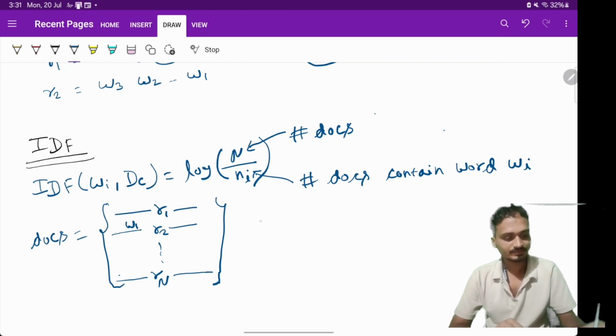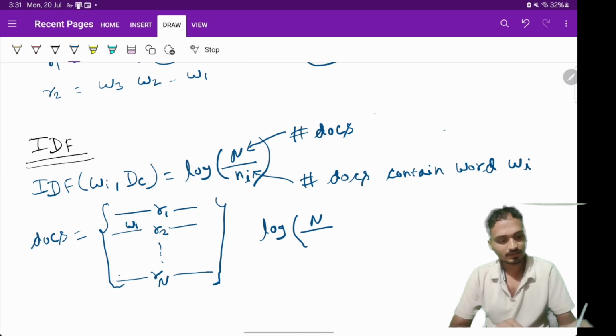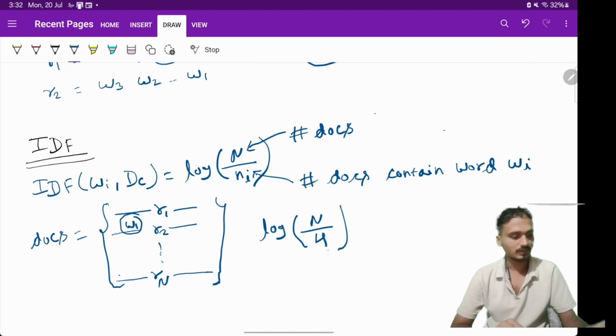You take the total number of docs, which is n, and find the number of docs containing the word w1. So let's say four docs out of all these reviews contain that word w1. So this will be the value. So this will be the IDF.